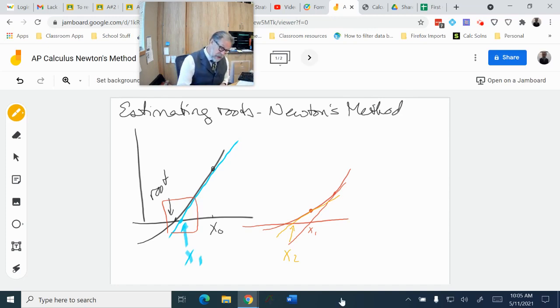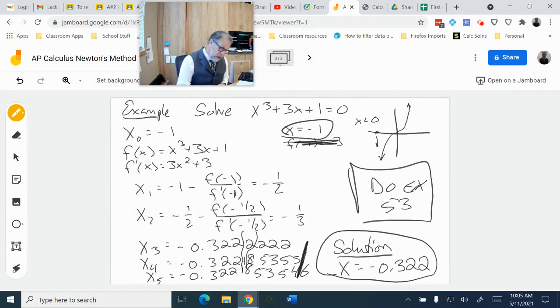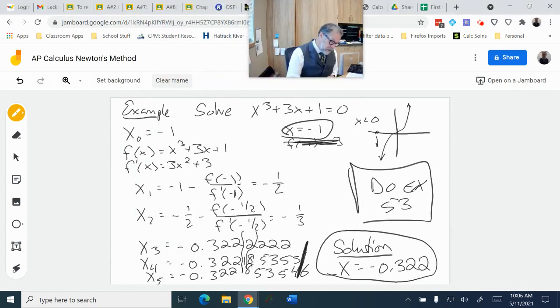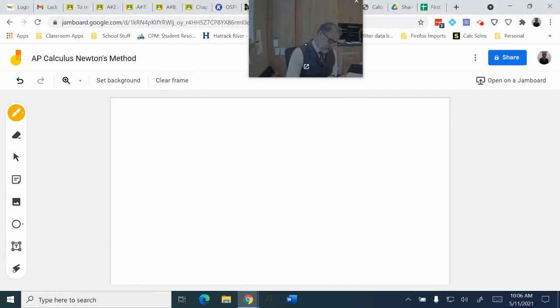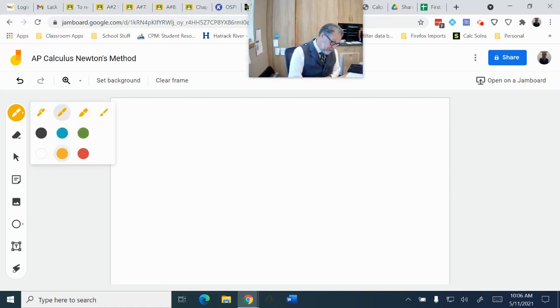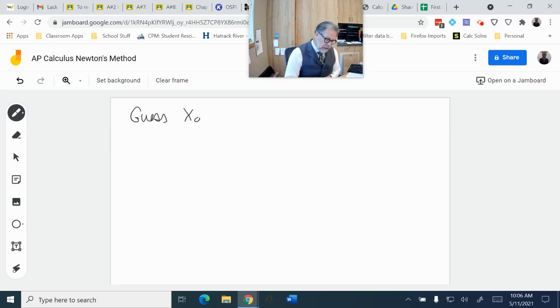So what does that look like mathematically? Okay, thing one, let's clear that. I don't know why that was on there. Mathematically, let's linearize. We've got a guess at x sub 0, and I will linearize at that point. So I'm going to have a point x sub 0, f of x sub 0.